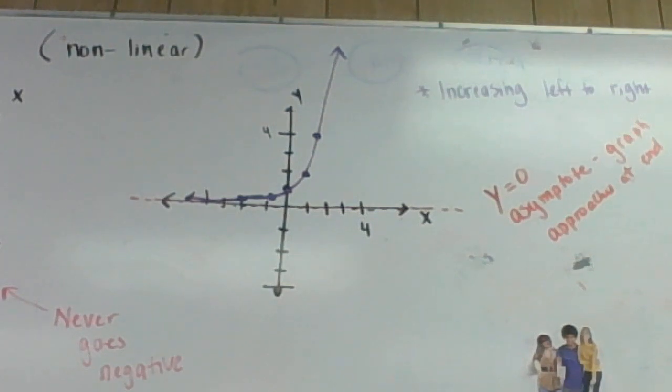This equation will never be negative because every time I put a negative x in, it just makes a fraction. Negative exponents are not negative numbers, they're fractions. So because my x value is an exponent, even when it's negative, the result is still positive. This table will always have positive y values.